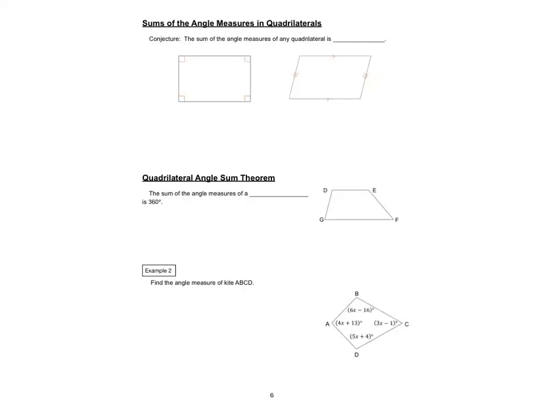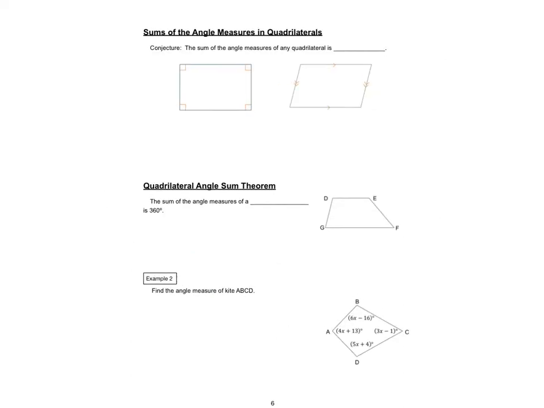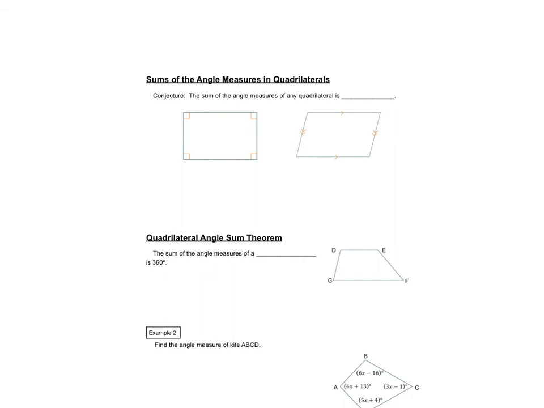As we continue looking at some of these characteristics, let's say right here, the sum of the angle measures of quadrilaterals, okay? The sum of the angle measures of any quadrilateral is, well, if we look, here we have a rectangle, and we said that a rectangle has 4 right angles.